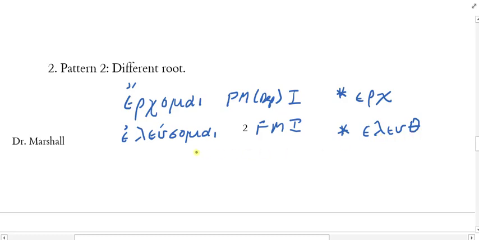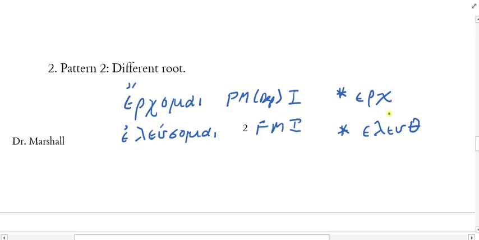Well, it's eluth plus a future tense formative sigma, and what will happen to the theta before the sigma? It'll drop out, right? And so that's where the future form looks like that. And let me get rid of that sigma, because what I want you to see here is that erk and eluth are different roots. So sometimes my present stem will come from one root, and my future stem will come from an entirely different root.